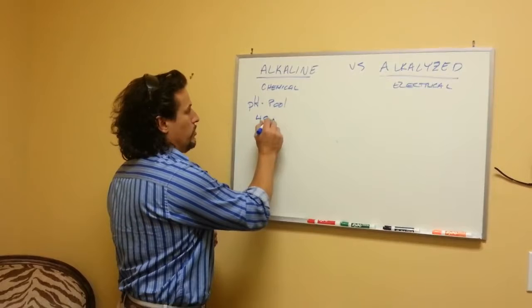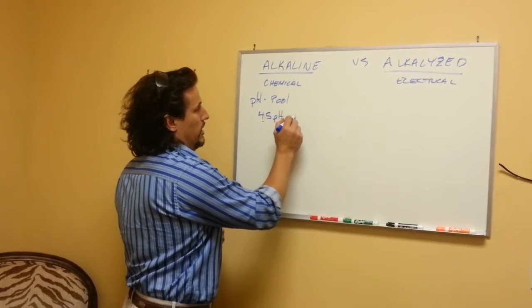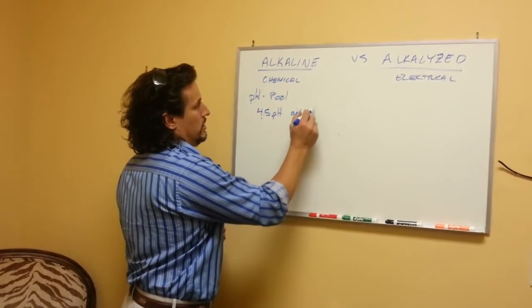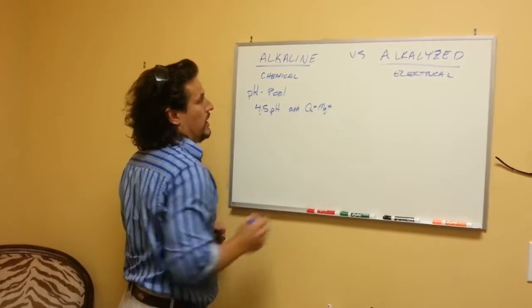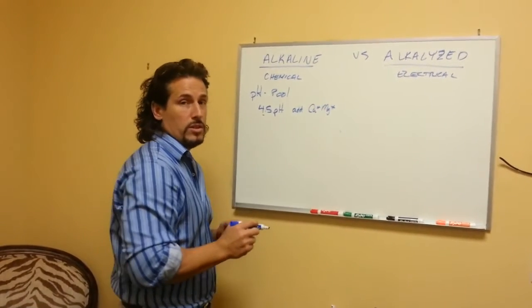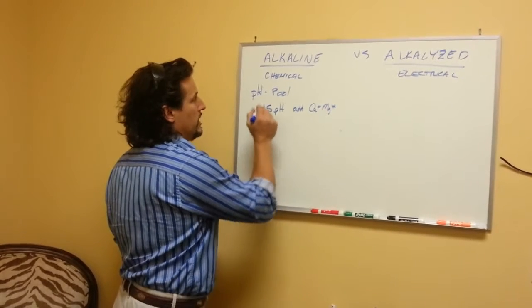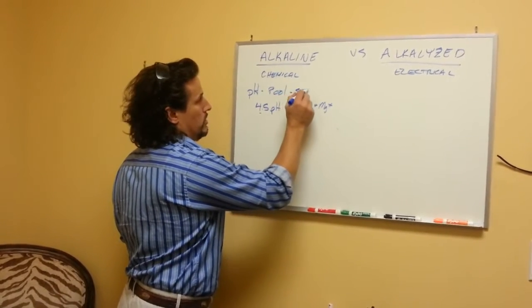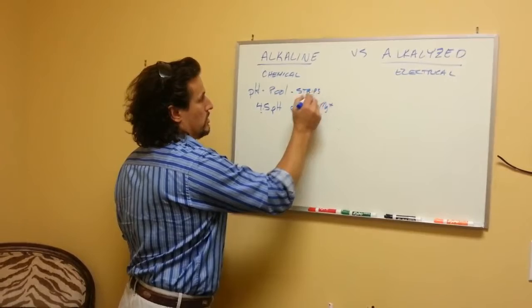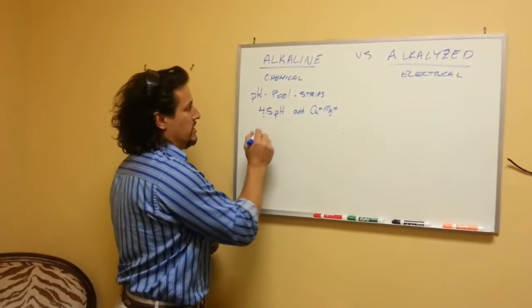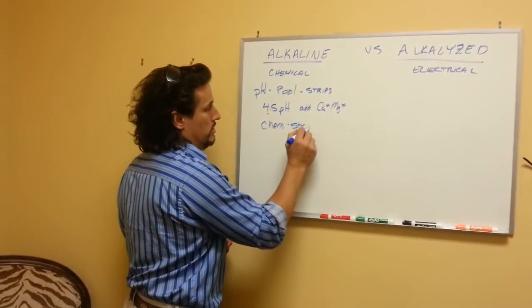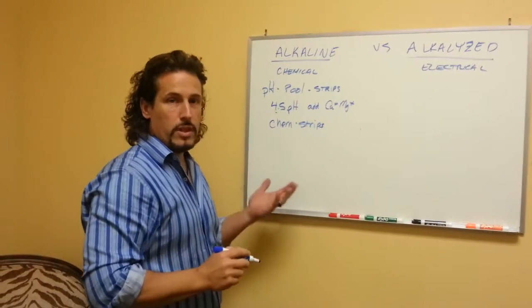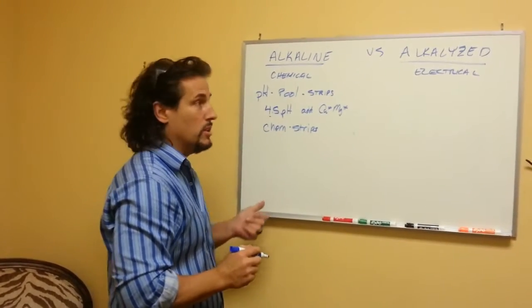Well, with a pH of 4.5, you would then add either calcium or magnesium or something like that to increase the alkalinity. What the pH strips are looking for is they're actually known as chem strips, which means they're looking for a chemical composition change.